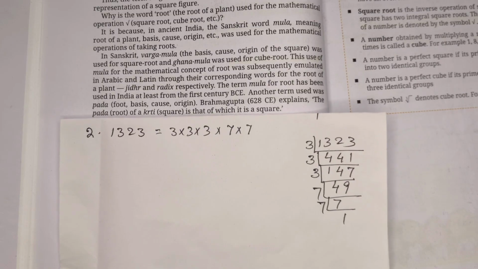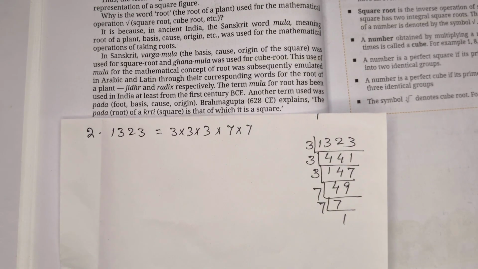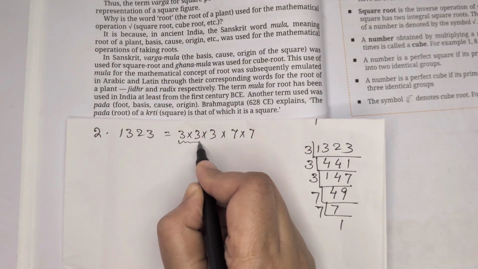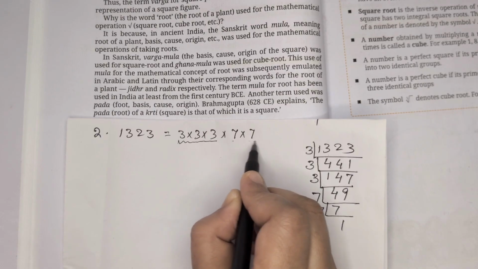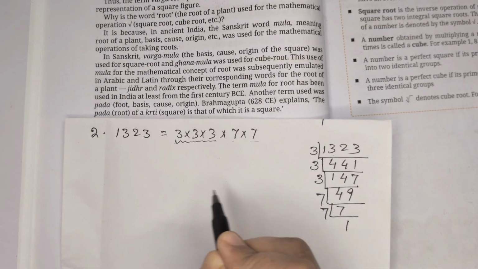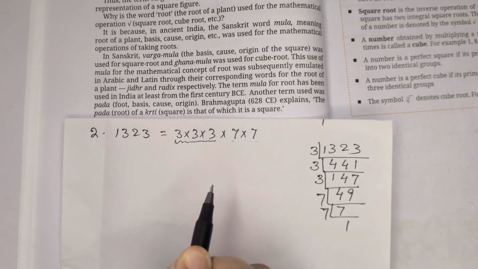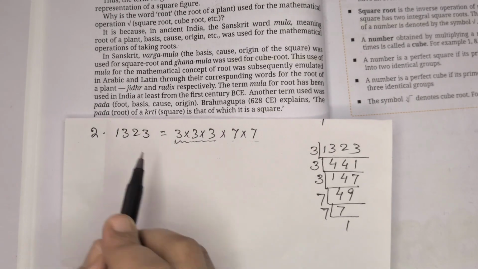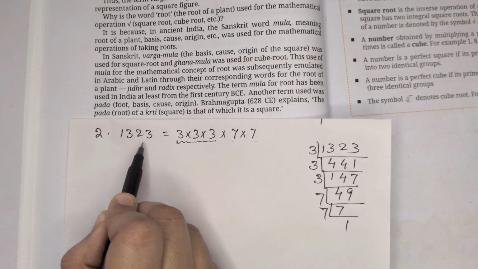When we do the prime factorization, we get 3 times 3 and 2 times 7. When we group in threes, this is one group. Here in this group there are only 2 sevens. We need one more 7 to make a group of 3. Then only we can say that number is a cube. So the given number is not a perfect cube.